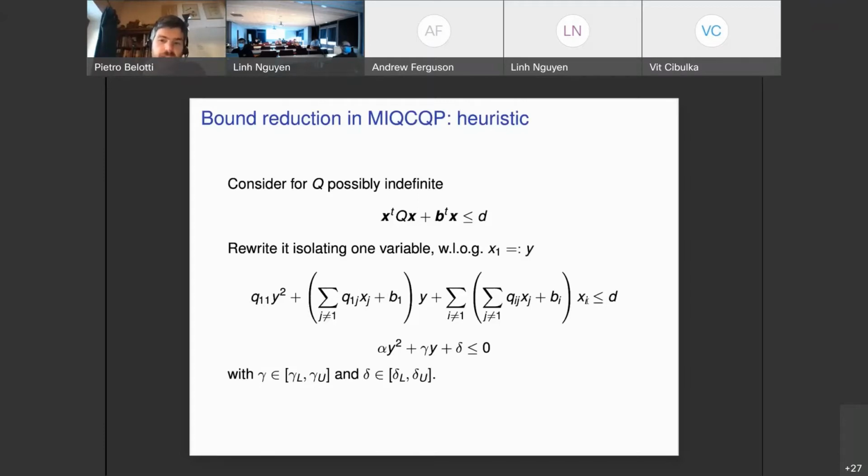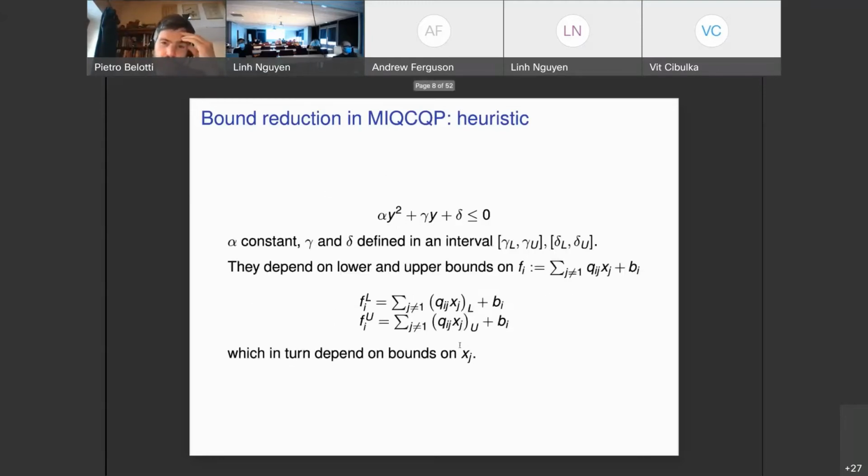And the same holds for delta, which is just this summation minus d. So you basically have a quadratic inequality in y, although the coefficient of the linear term and the constant term are not exactly constant, but rather they vary in an interval.